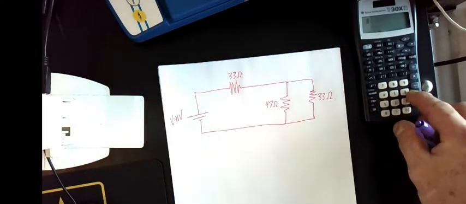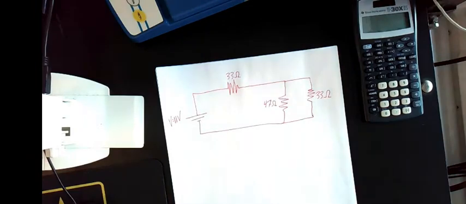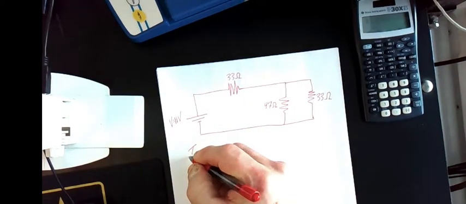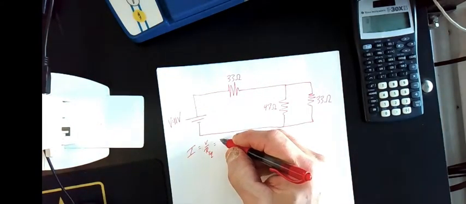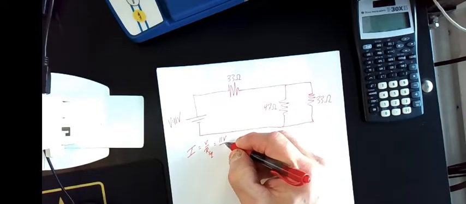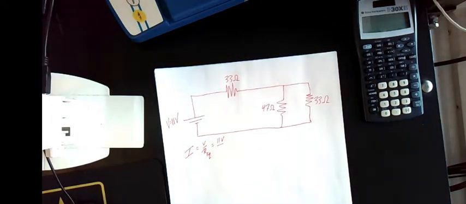The first thing we did was say, we want the current in the circuit. The total current will be V over R_eq of the whole circuit. We measured the voltage as 11 volts. We just need the resistance of the circuit. First we simplify this parallel element.